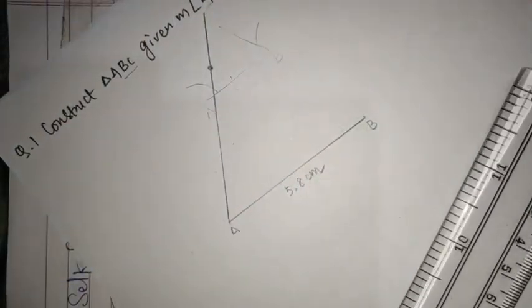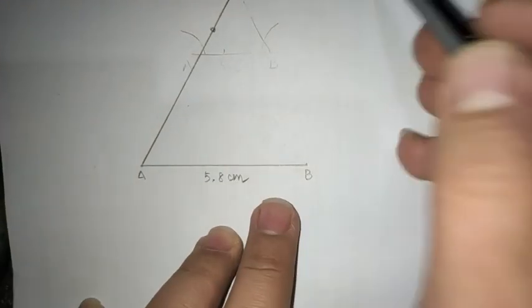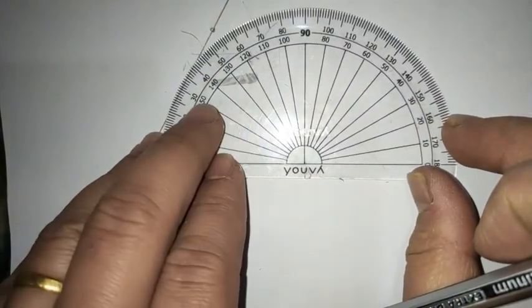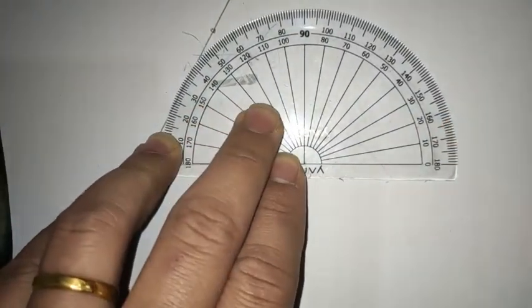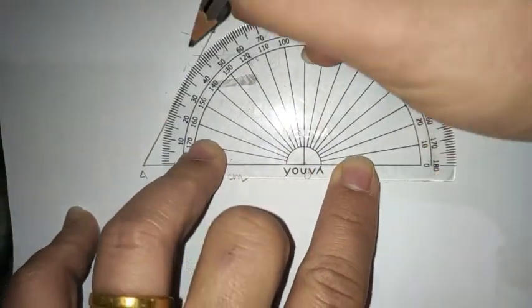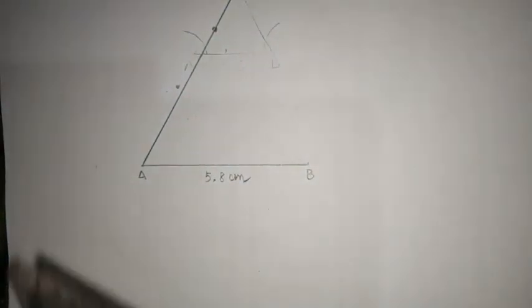Alright. And the next one we have is measure of angle B is 30 degree. So from B, you will make angle B is 30 degree. So I will be choosing 30 degree here. Now pass a straight line through this.